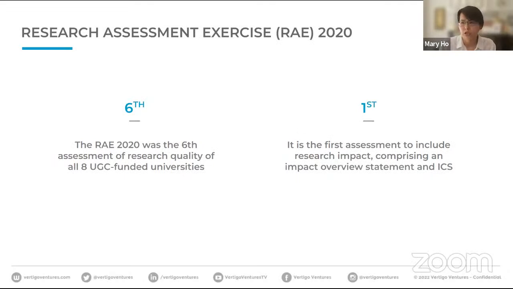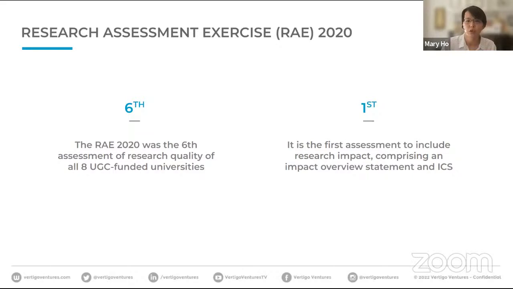Allow me to very briefly introduce a brief background of what RAE 2020 was about, because we understand that amongst our audience there are a few from Australia, New Zealand, and other countries as well.